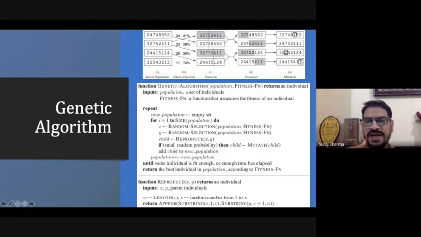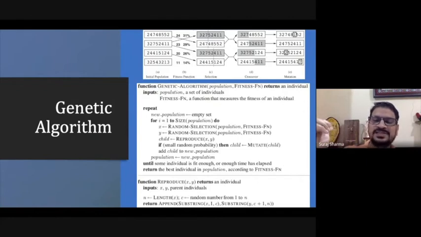It will go on until some individual is fit enough or enough time has elapsed. So both are conditions. Either let's say we are running this genetic algorithm for 10 years or 20 years, and after that we'll stop the process, or we'll go to a fitness value. Let's say we are getting 100% fitness value for all the population, then we'll stop this particular process.